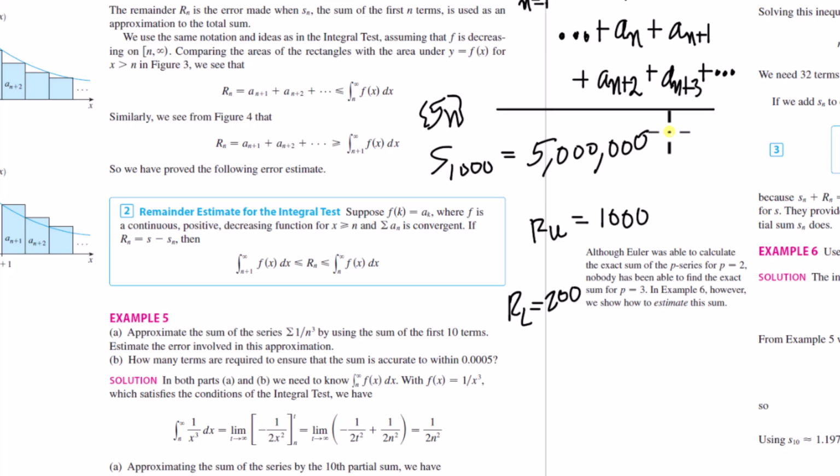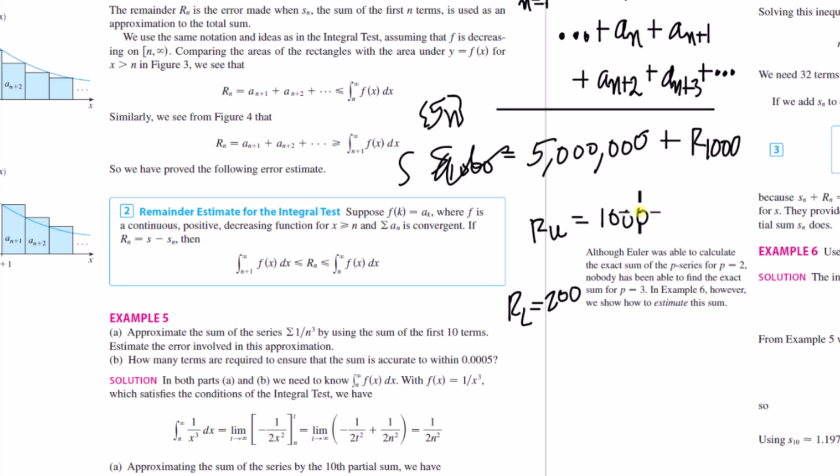If you add to this R sub 1,000, you actually get the infinite sum. So it's telling us that we're off from the infinite sum. The amount that we didn't add, that we would have needed to add to get the actual infinite sum, is no worse than 1,000, but no better than 200 off, right? It's telling us about R sub n.